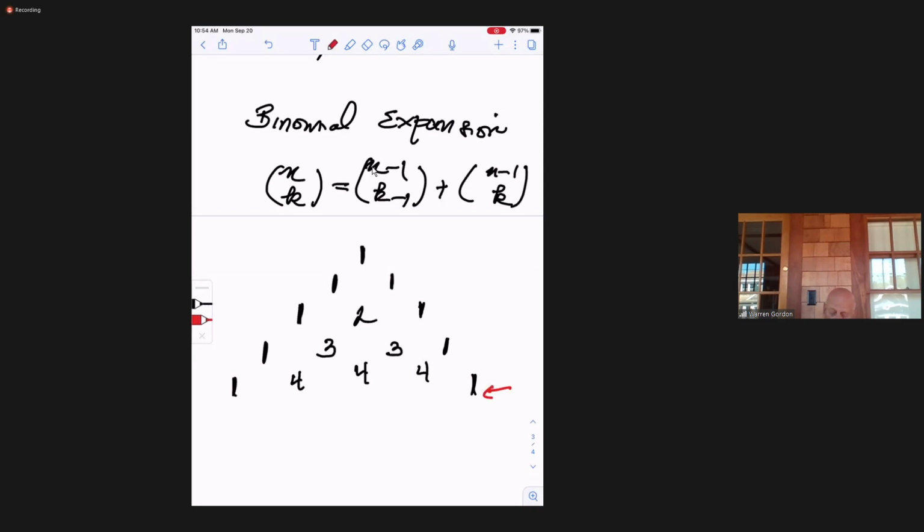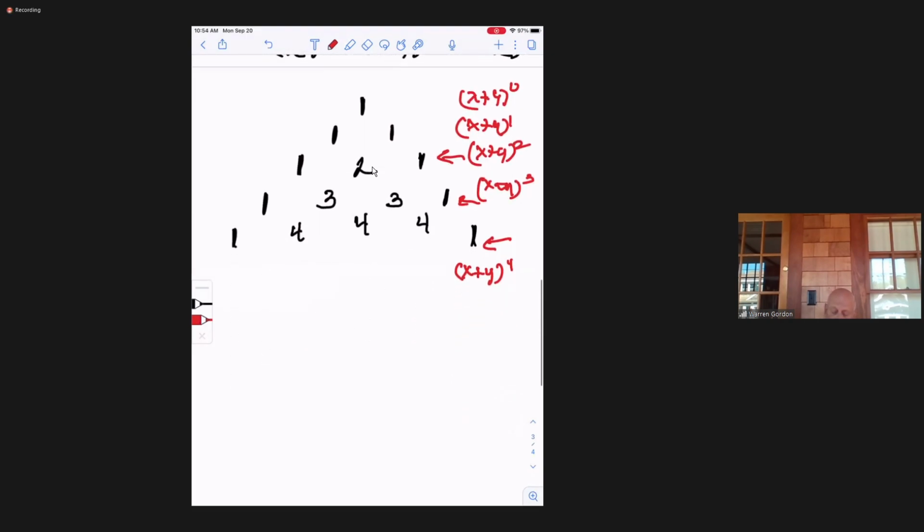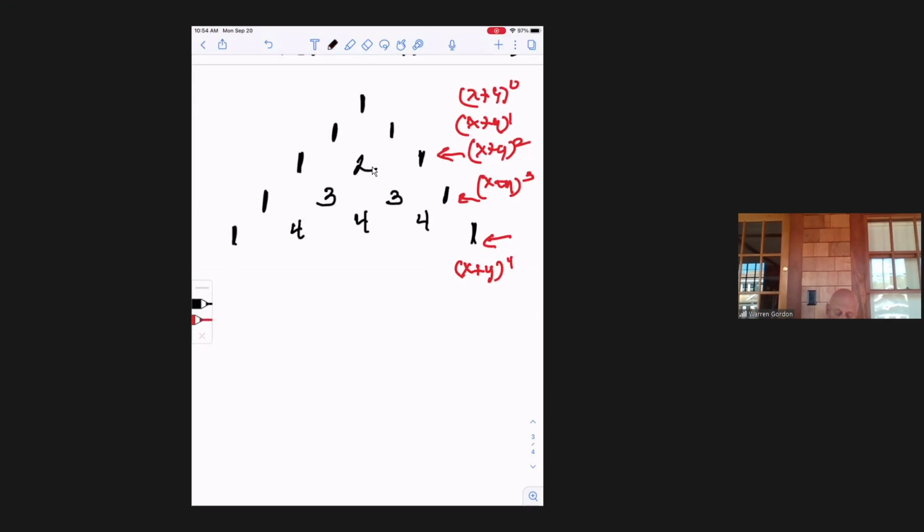This row corresponds to the coefficients of x plus y to the 4th power. This row corresponds to the coefficients of x plus y to the 3rd power. This one, x plus y to the 2nd power, x plus y to the 1st power, and x plus y to the 0 power.